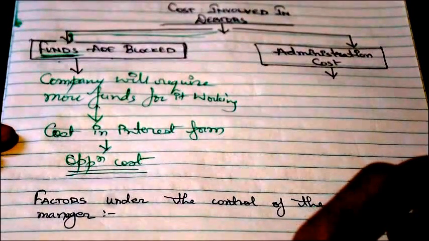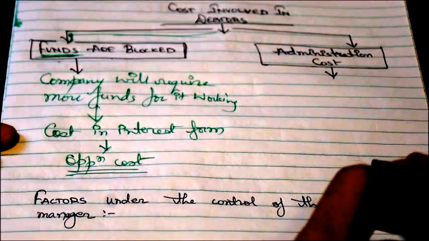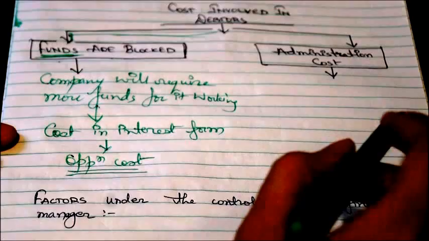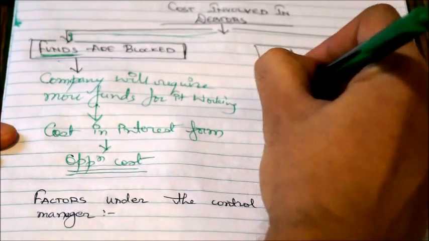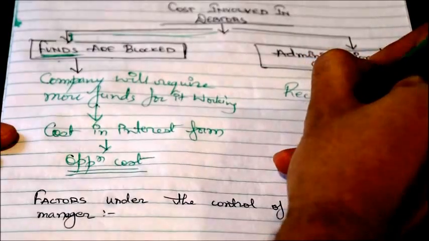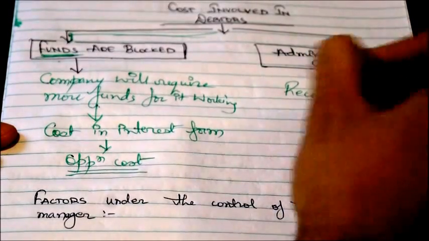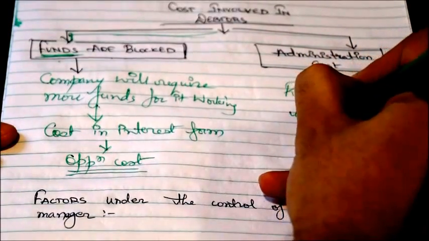The other cost is the administration cost. As we discussed, there needs to be reminders and everything. Other than the reminders, there needs to be record keeping. There needs to be investigation about the credibility.